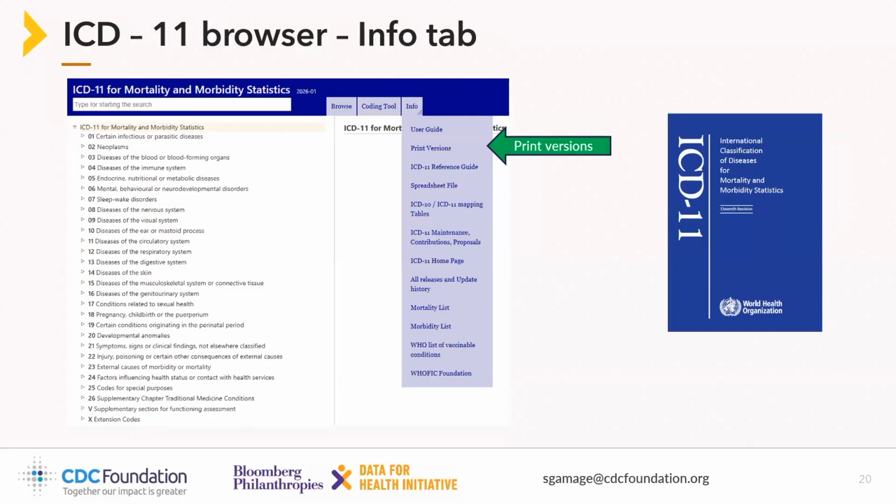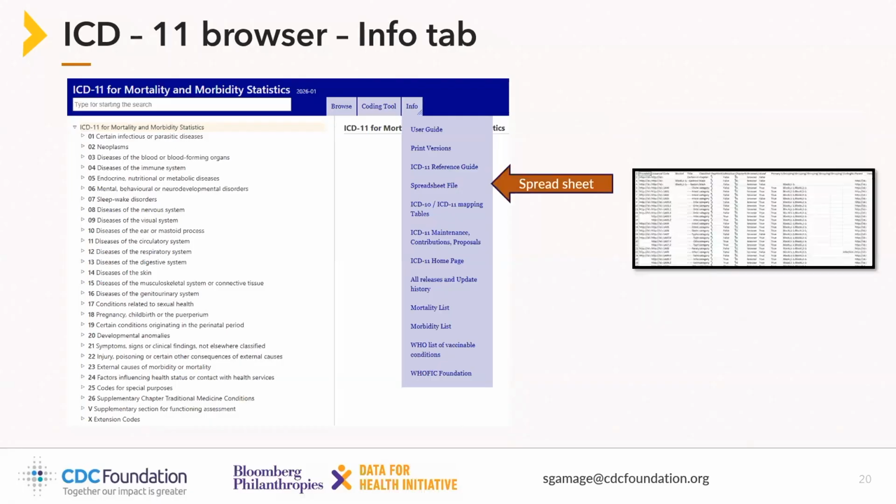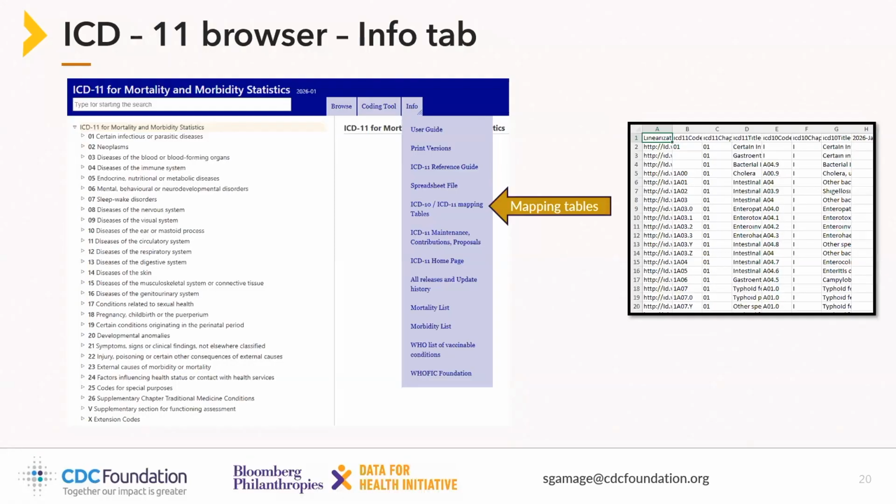Print versions are available. You can access the ICD-11 reference guide, a direct access link. Then there is a spreadsheet file, a link to ICD-10 to ICD-11 mapping tables, 10 to 11 and 11 to 10 mapping tables.